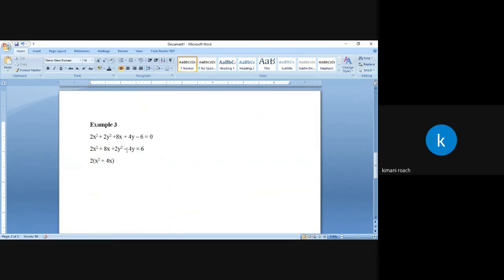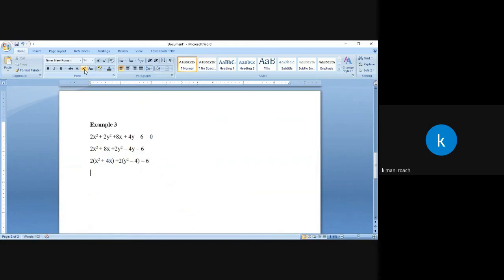Now, 2 is also a common factor here, so I'm going to factor it out. When I factor 2 from what we have here, we're left with y² plus 2y, and all of that is equal to 6.